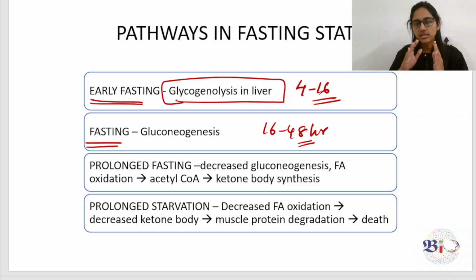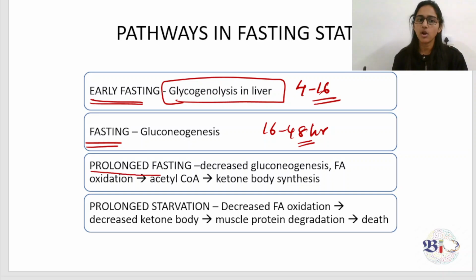It's not that it will start only at the 16th hour. It will start from the 12th hour itself. So simultaneously from 12 hours post food intake, glycogenolysis and gluconeogenesis will start providing glucose to the body. All right. So in about 48 hours, it can start using only gluconeogenesis to produce glucose.